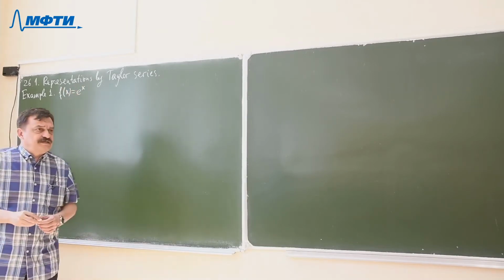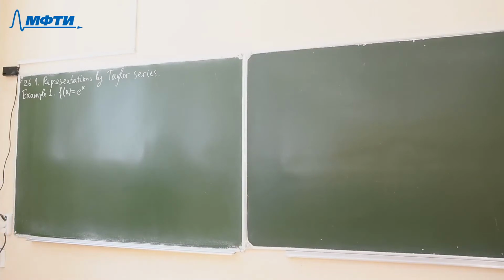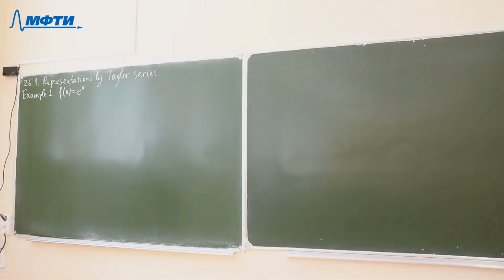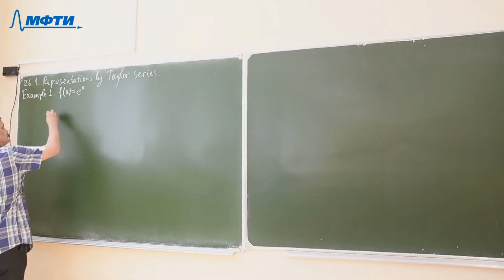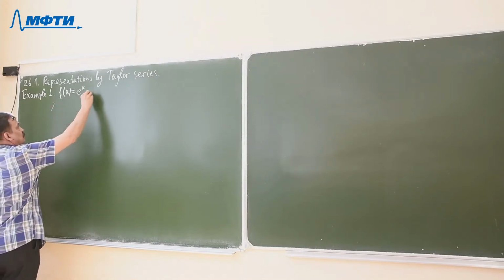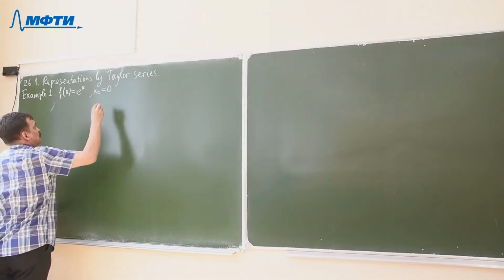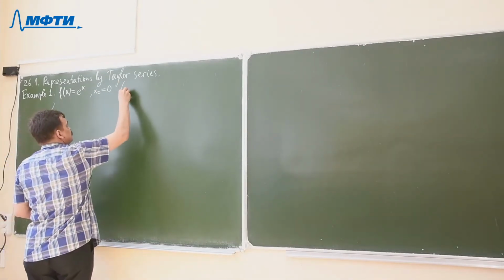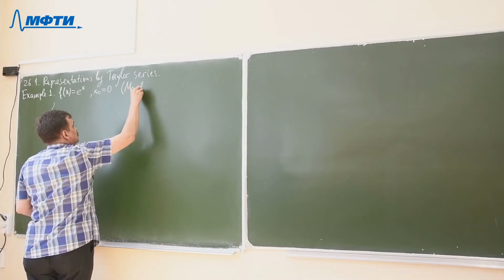We consider the function e to the power x. Let us form its Taylor series. And we are talking about the Maclaurin series.